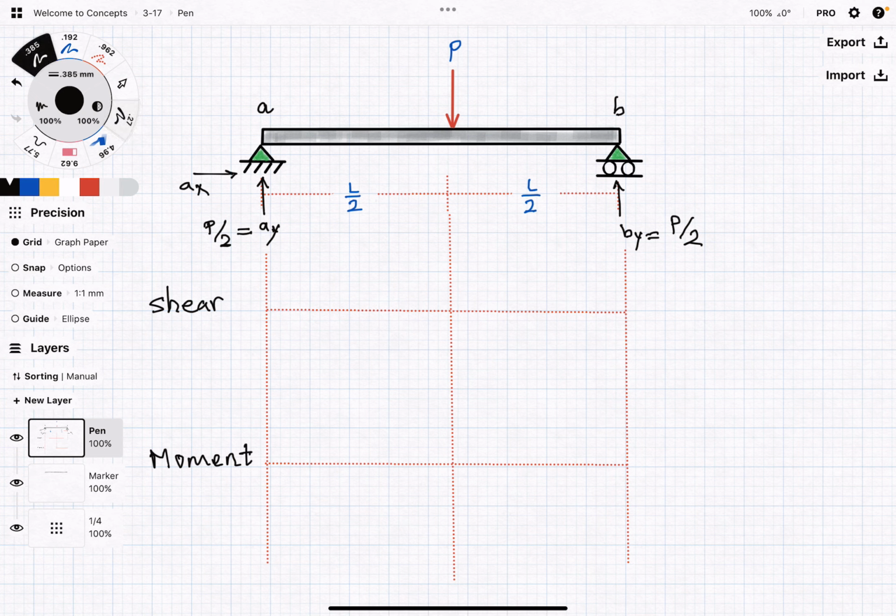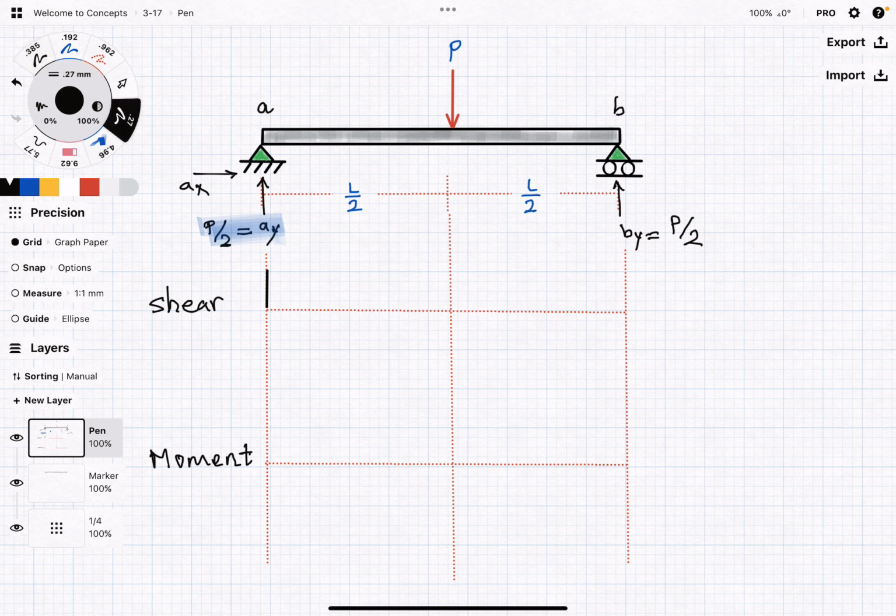Okay, you see here the support reaction is P divided by 2, so it simply increases the shear force here by the same amount as the support reaction.